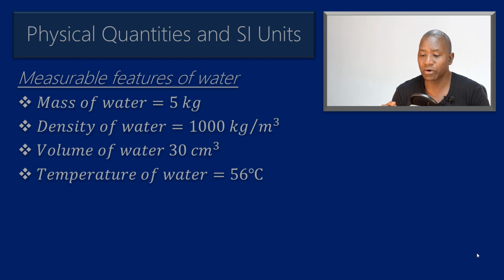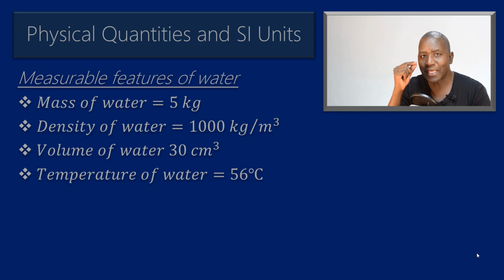So we have already observed that a given item could have more than one feature which can be measured. So when we talk about water, we can measure its mass, that is one feature. We can measure its density, that is another feature, volume, temperature, and so forth.